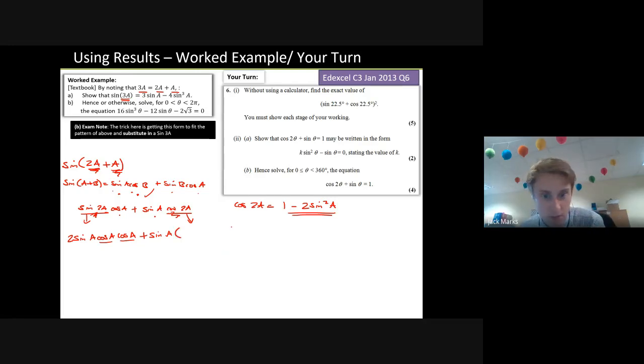So if I put that result in, 1 minus 2 sine squared a. I could have sort of done the brackets on that one as well. So let's simplify things and see what happens. 2 sine a cos squared a plus sine a from expanding that bracket there. And then again, that will be minus 2 sine cubed a.